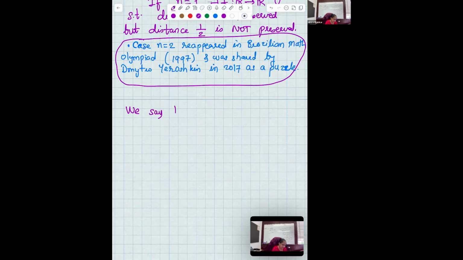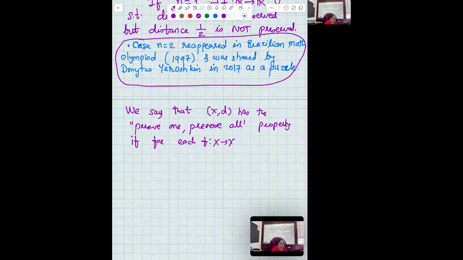We say that a metric space (X, d) has the preserve one, preserve all property if for each f from X to X, either the preserved distances set is empty or f is an isometry.